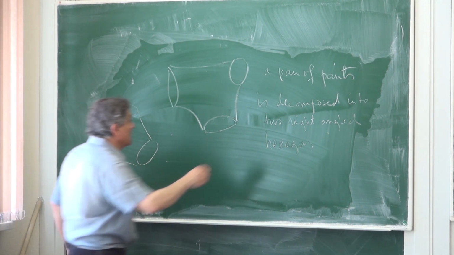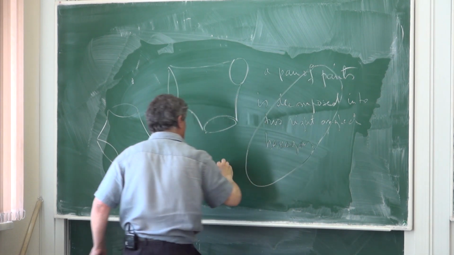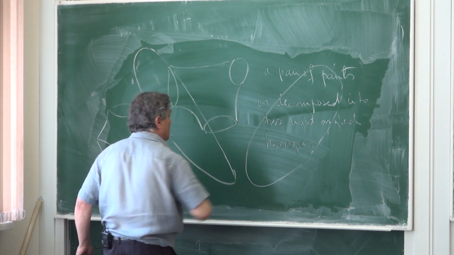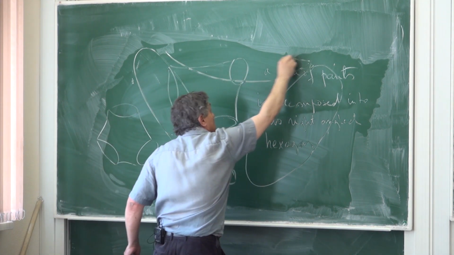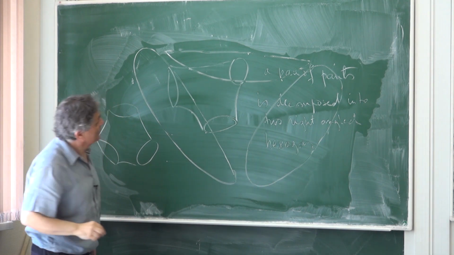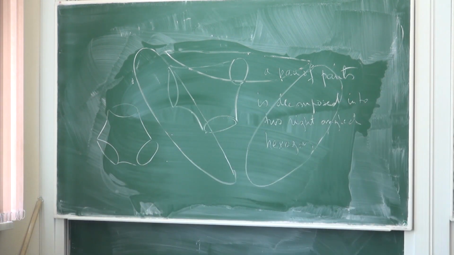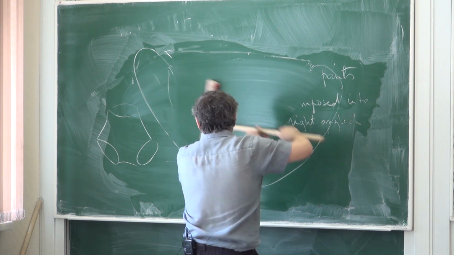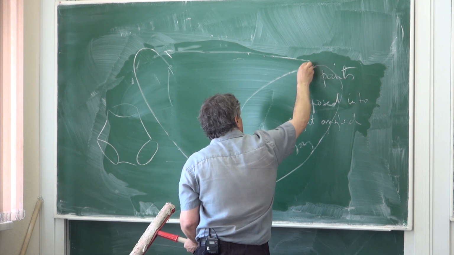So in fact, I could have a huge length of boundary components, but the area must be constant. So if this is very, very long, then this will be like that.